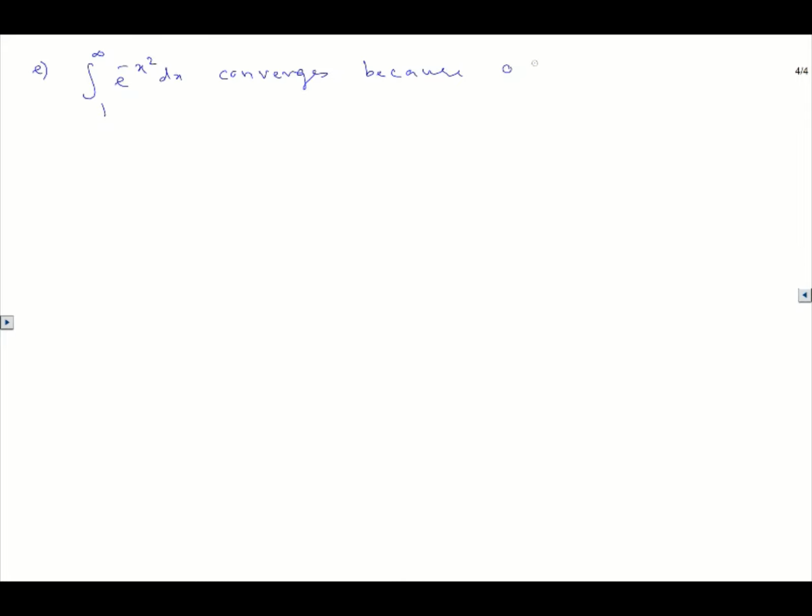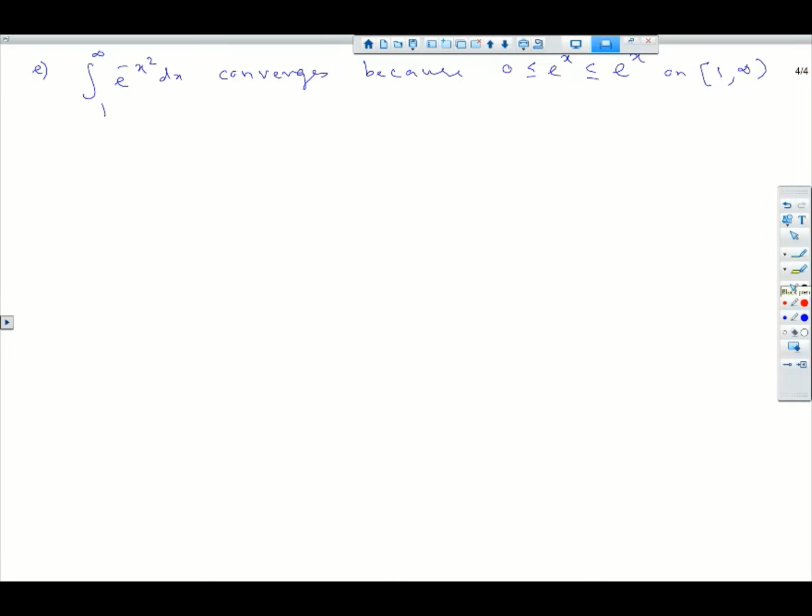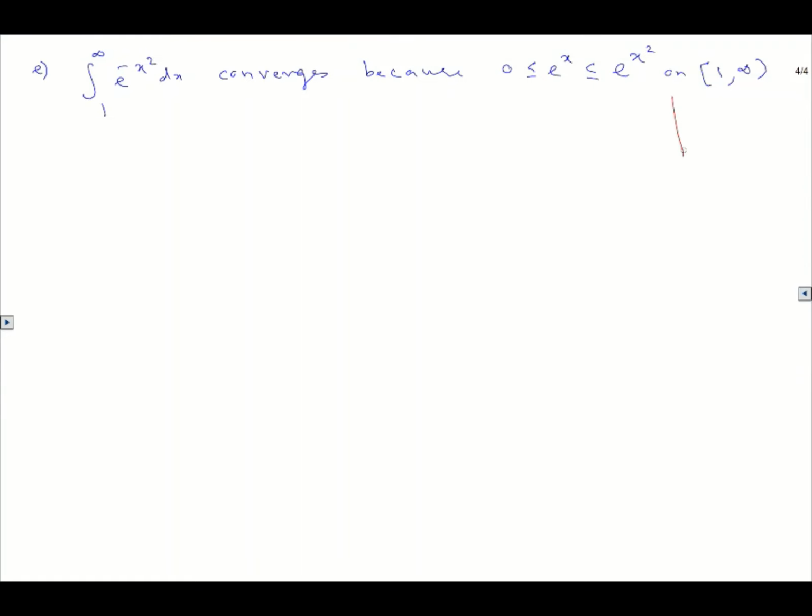e to the x is less than or equal to e to the x squared, not everywhere, but on 1 to infinity. If you have numbers larger than 1, you can see that x squared is bigger, and the exponential function is an increasing function.